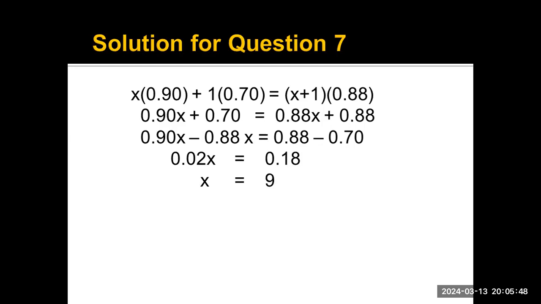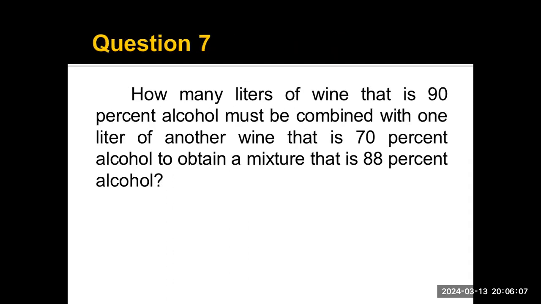Applying what you have learned, the subtraction property of equality and the division property of equality, you can have x equals 9. So it needs 9 liters of wine that is 90% alcohol, which must be combined with 1 liter of another wine, that is 70% alcohol, to obtain a mixture that is 88% alcohol.